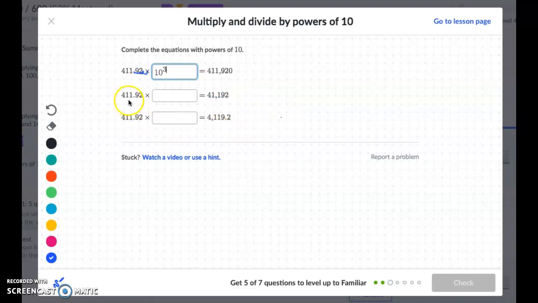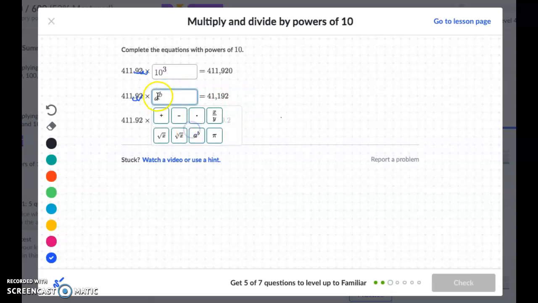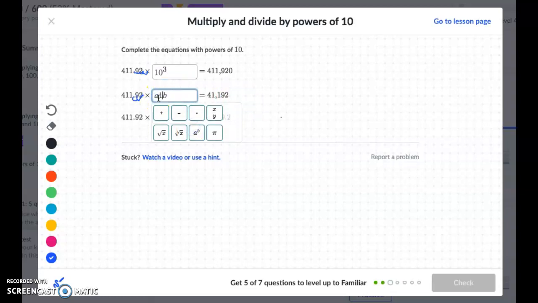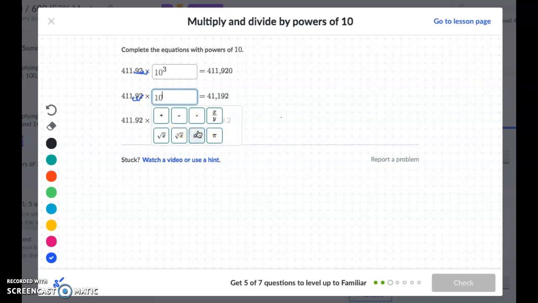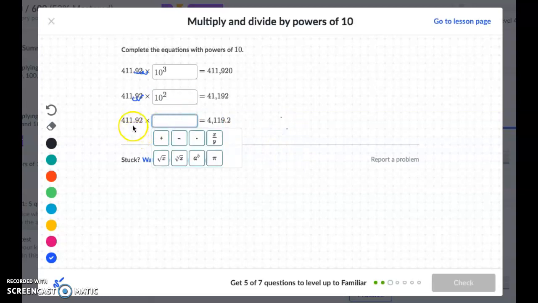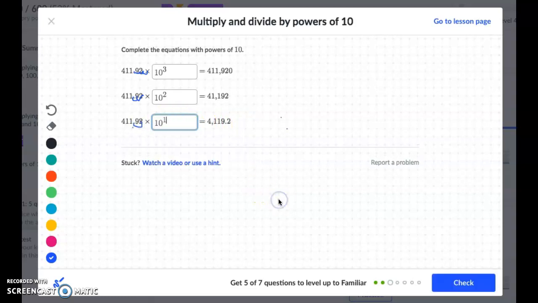And then with 411.92, the decimal moved 1, 2 places because now it's back here. So that's going to be 10 to the power of 2. And then right here, that decimal moved from 0.92 1 time to after the 9, so that's going to be 10 to the first power.